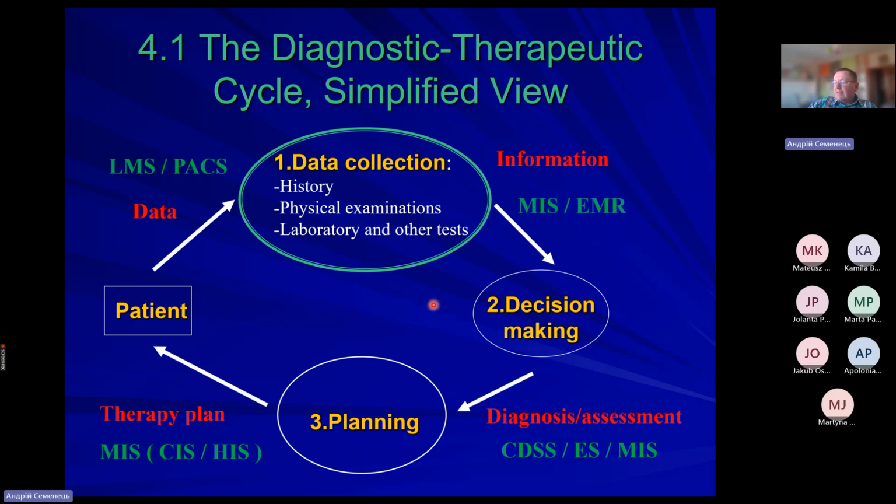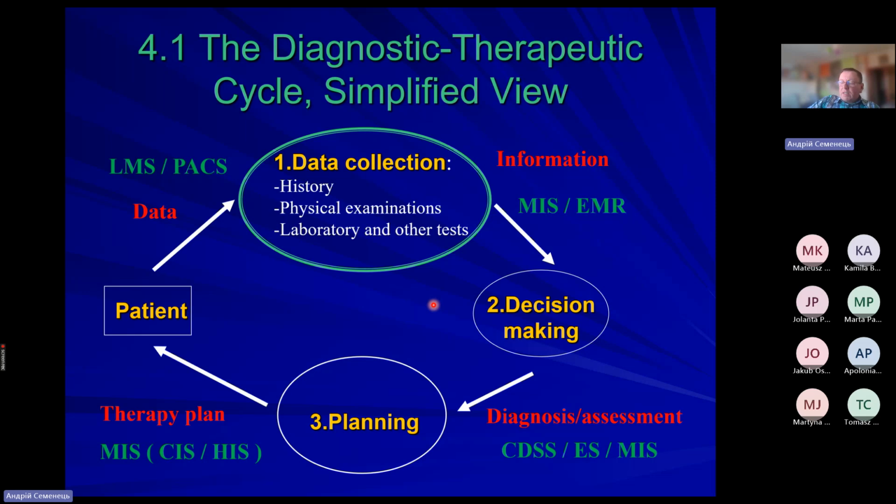We can collect and store information about examinations, medical images, and so on. All this data comprises our electronic medical records within clinical or hospital medical information systems.